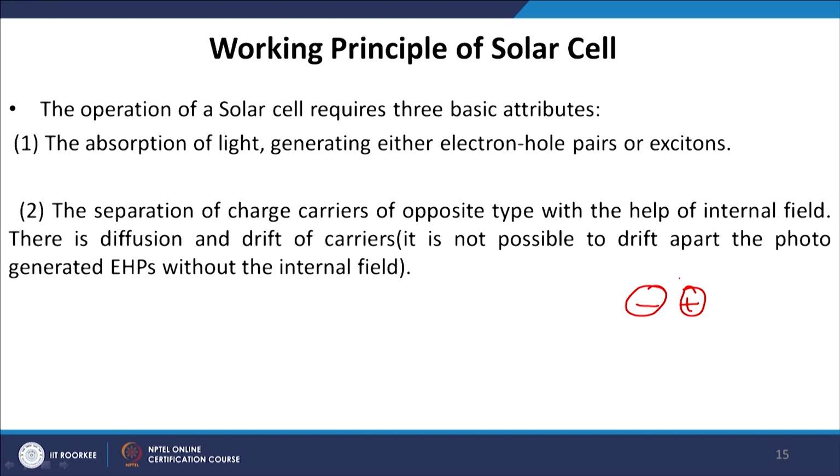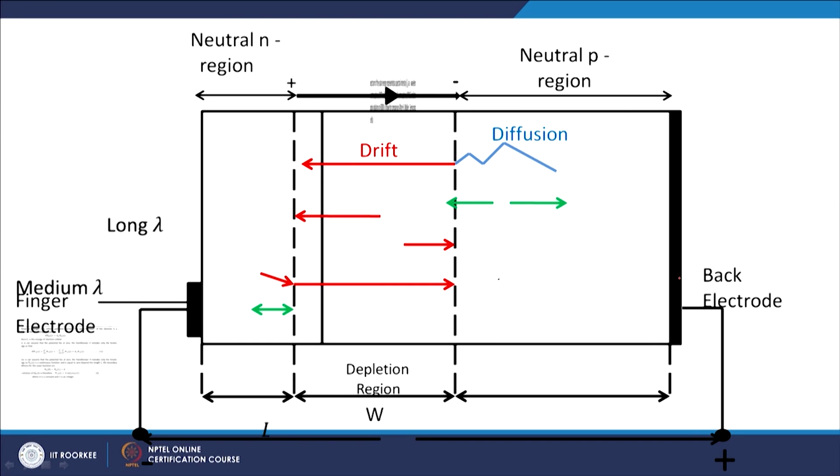Now, it is not possible for drift to separate the photogenerated electron hole pairs without the internal field. If we do not have any internal field, there is no drift. In this figure, we are showing how this drift and diffusion happen. So, a typical solar cell has a very narrow and heavily doped n side region and a very wide p side region.